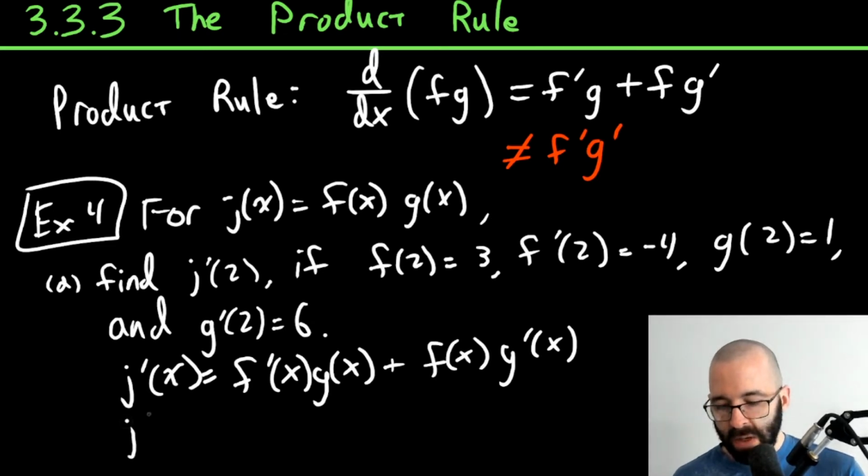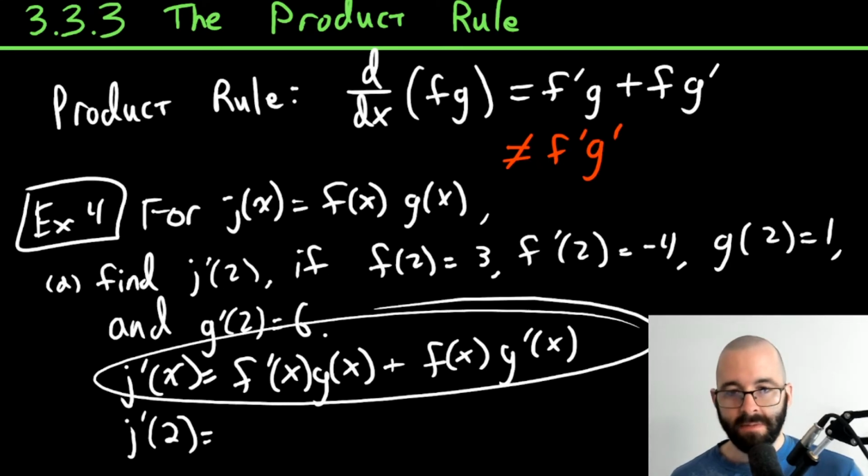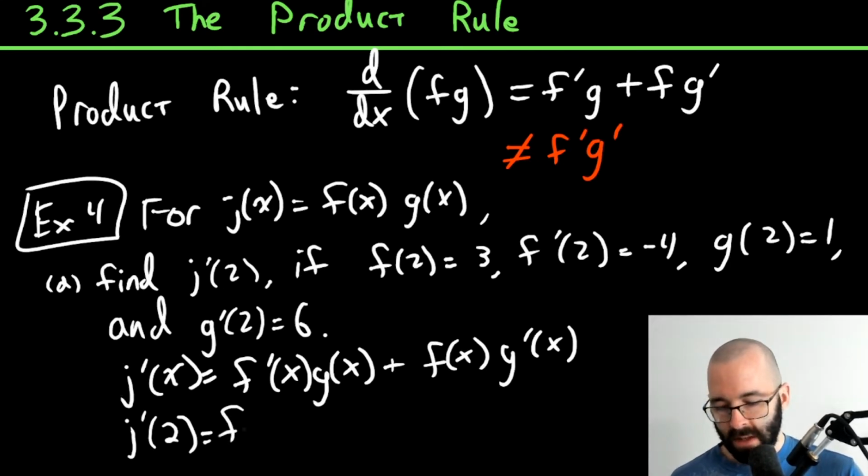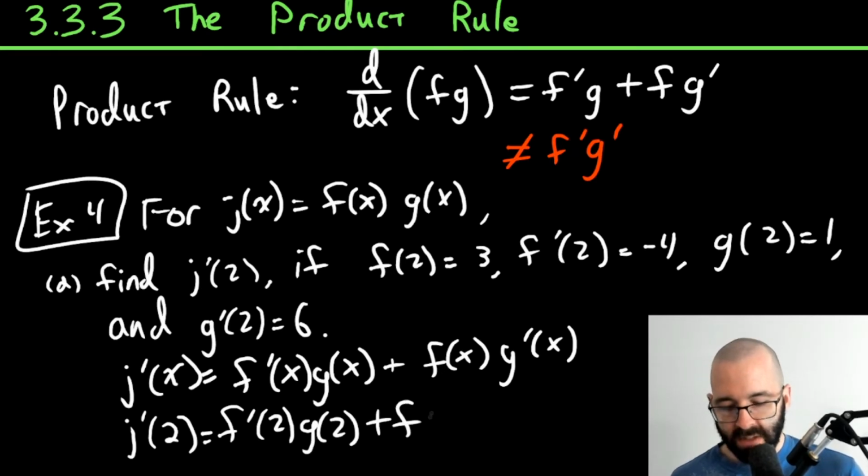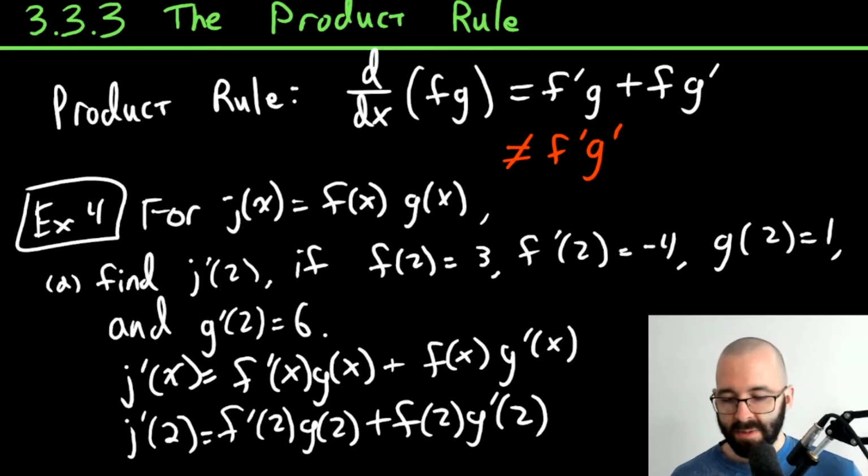So specifically what we want is j prime of 2. So evaluate this function at 2. That'll be f prime of 2 times g of 2 plus f of 2 times g prime of 2. Let's substitute everything in, and we'll get our answer. We'll do that on the next page.